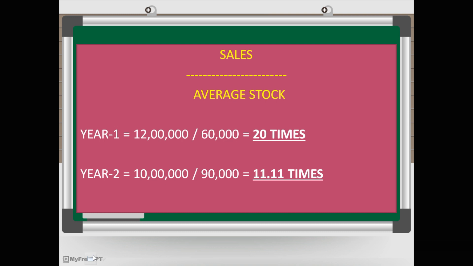The company's activities are shrinking or declining because sales were 12 lakhs in the first year, and in the second year sales are 10 lakhs. So sales ઘટે છે, obviously તમારી activity ઘટે છે, તો stock turnover ratio બી ઘટવાનો જ છે.